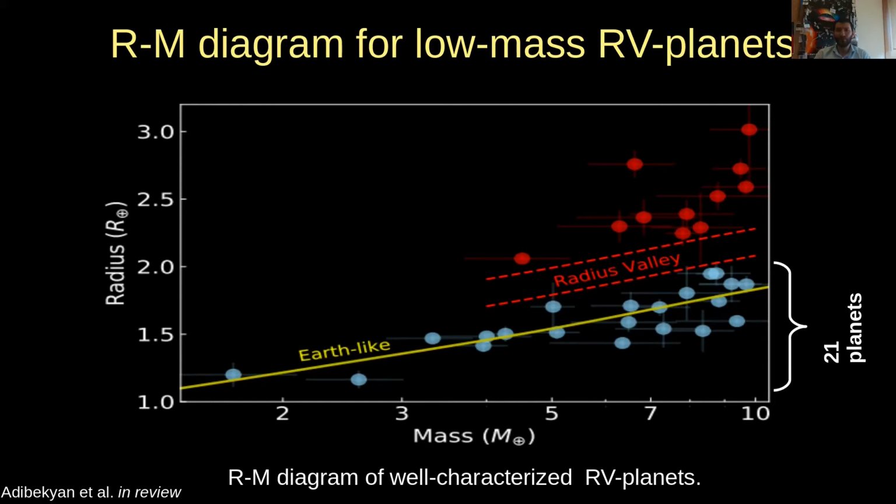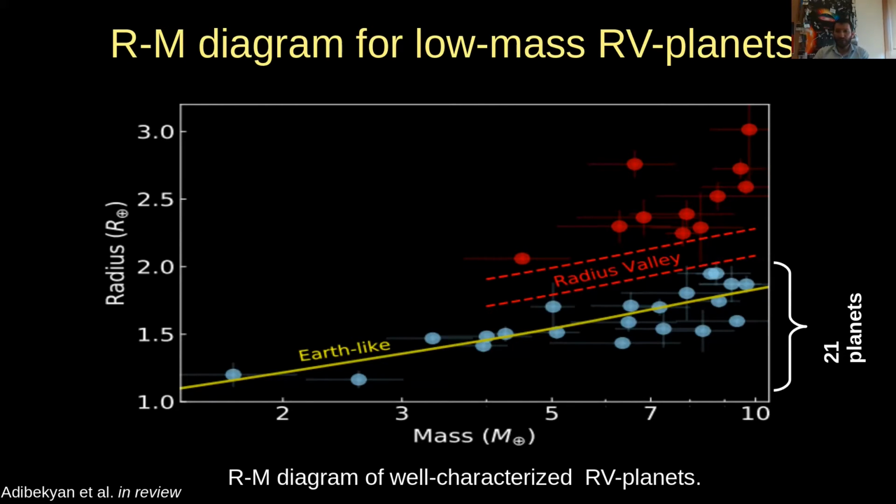So we decided to focus only on 21 planets that have well-characterized mass and radius, and that can be potentially rocky. The yellow curve also shows the Earth-like composition curve. So basically, it shows what would be the radius of a planet for a given mass if it has the same composition as the Earth. And this curve is from the paper of Caroline Dorn and collaborators from 2017.